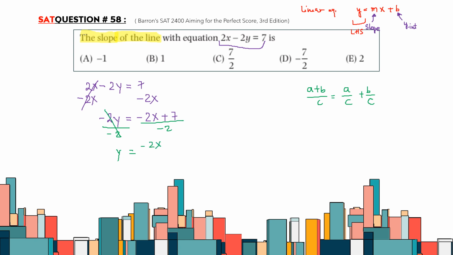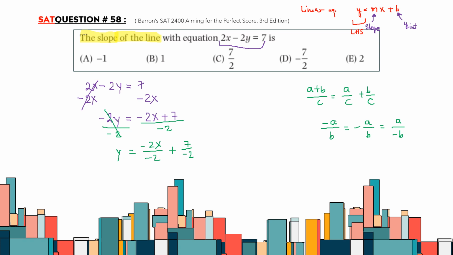So negative 2x over negative 2, plus 7 over negative 2. If we write negative a over b, you can also write a over negative b. It's the same thing.